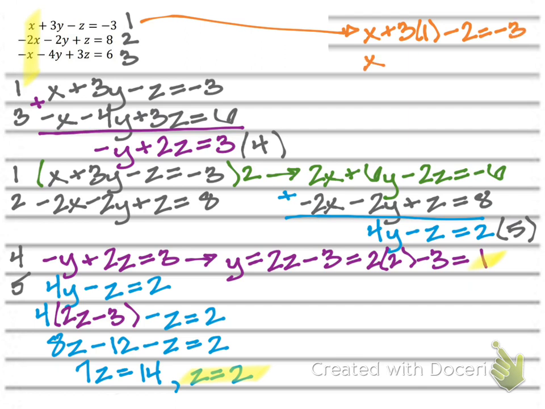So we have x, let's see, 3 minus 2, so plus 1 is negative 3. We would subtract 1 from both sides, so x is negative 4. So your ordered triplet is negative 4, 1, 2.